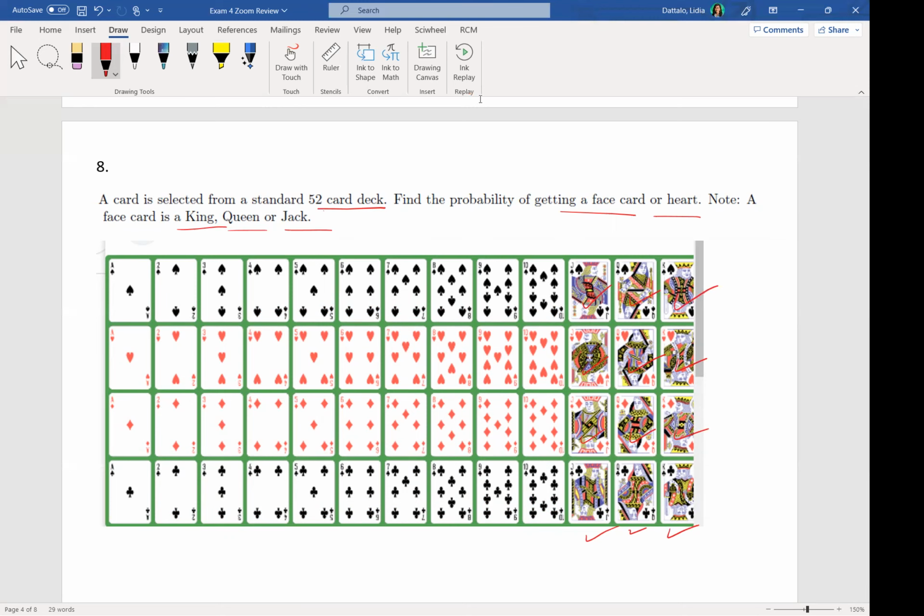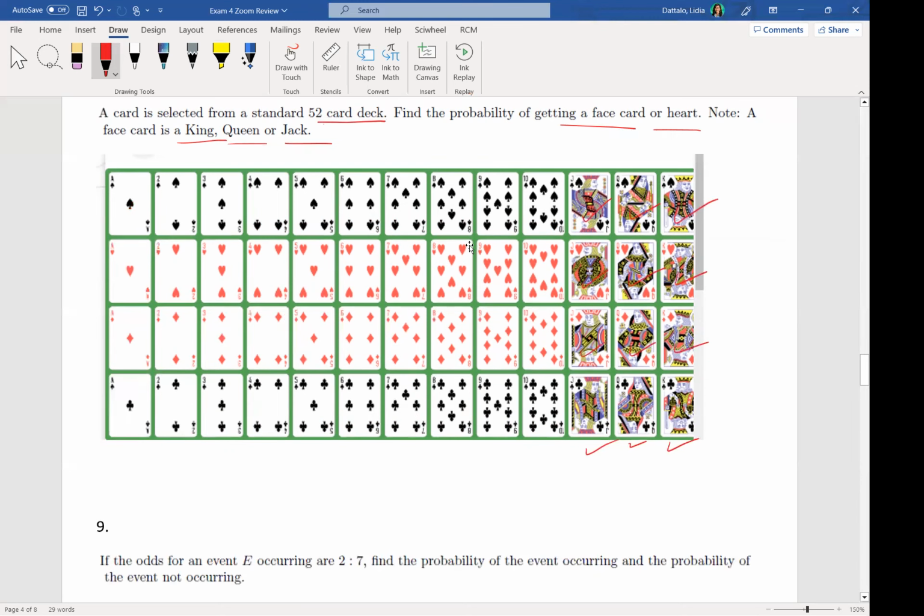Okay, so let's write that in some form. We want the probability of getting a face card, or this is union, or let's put H for heart. So this is what we're looking for.